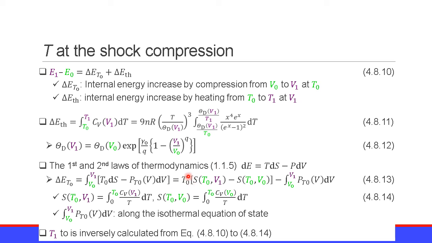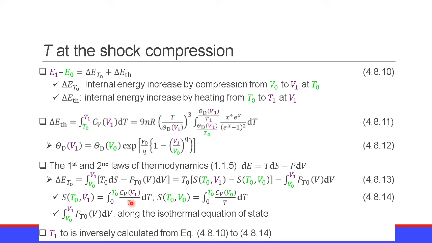The first part is T0 times the entropy at temperature T0 and volume V1 minus the entropy at temperature T0 and volume V0. The second term is the integral of pressure at temperature T0 with respect to volume from V0 to V1.